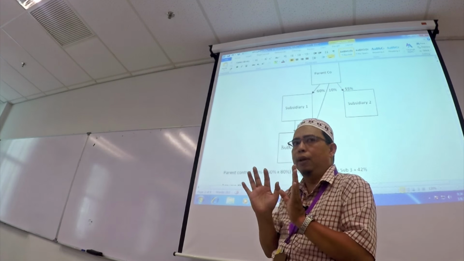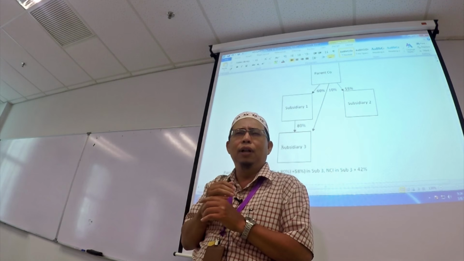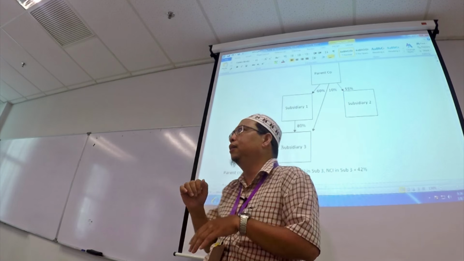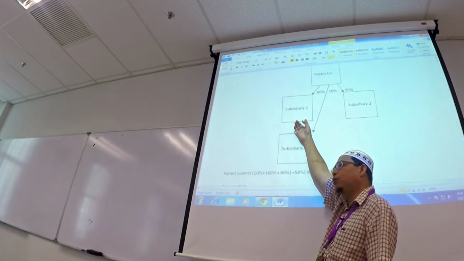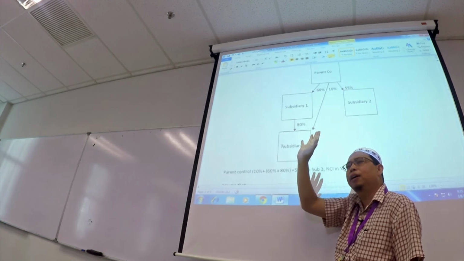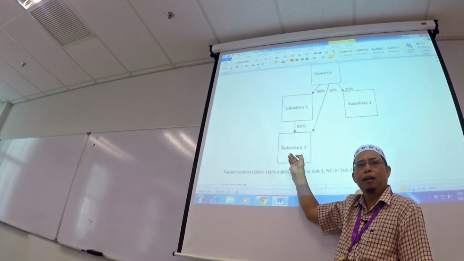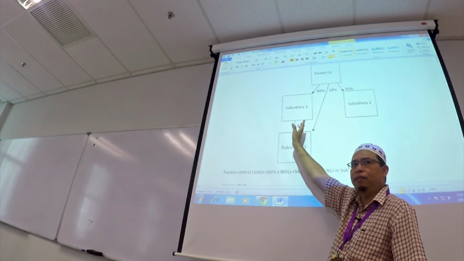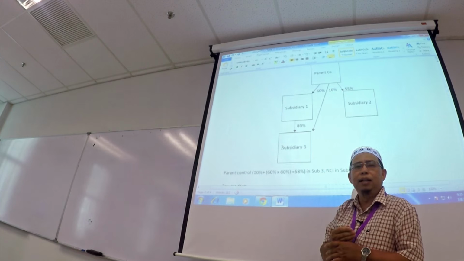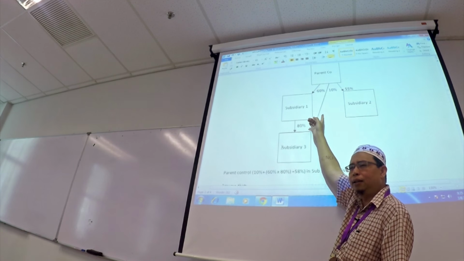Make an assumption like this one. This is not true, it's not in your book, but just imagine like this. Subsidiary 1 acquires 80% share in subsidiary 3, but subsidiary 1 did not have cash of 5 million to pay subsidiary 3. So subsidiary 1 will ask help from the parent.